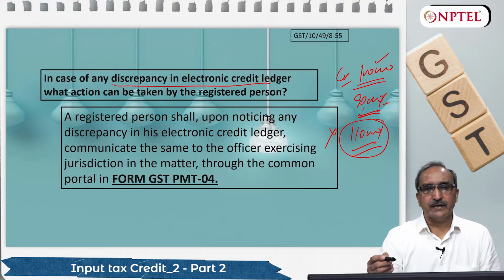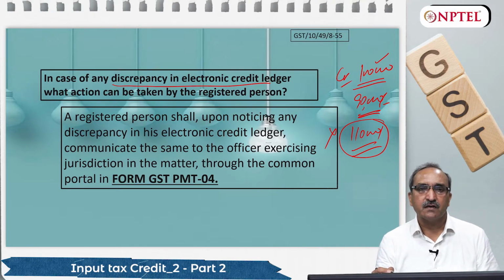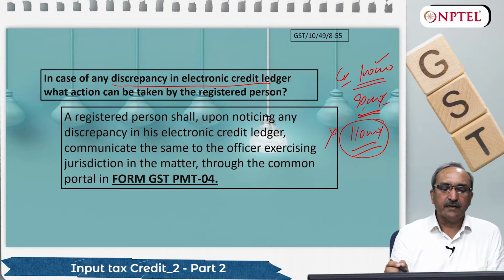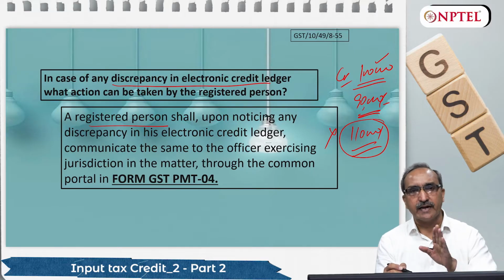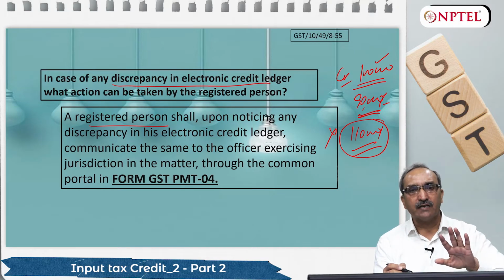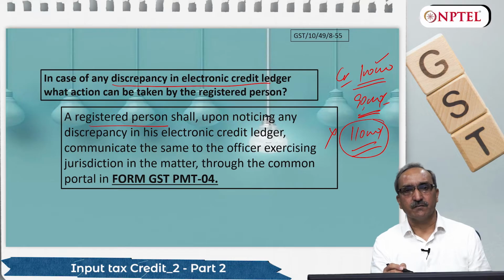So there can be a case when there is a discrepancy in your credit ledger. A credit ledger is maintained for each and every registered person who is having a GST number, it is registered person wise.